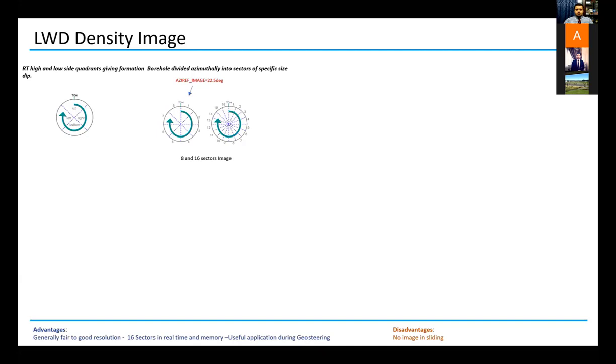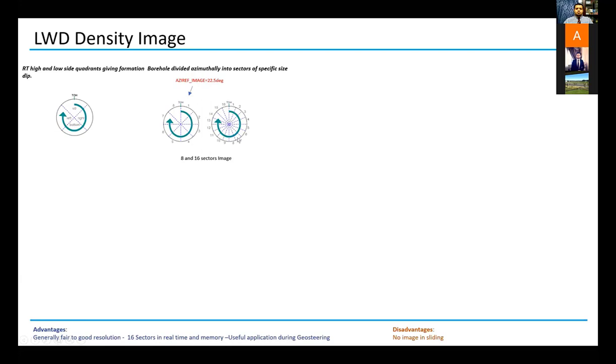We also have quadrant image data, and we also have the 8 and the 16 sectors. When I say 8 and 16 sector, you can also say 8-bit or 16-bit image. So in 16 sectors, they divide the borehole in 360 degrees, and each sector is 22.5 degrees.